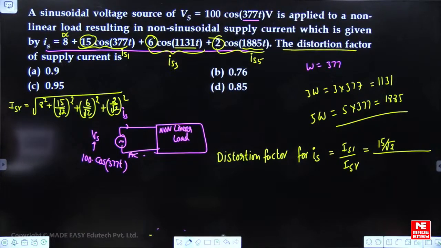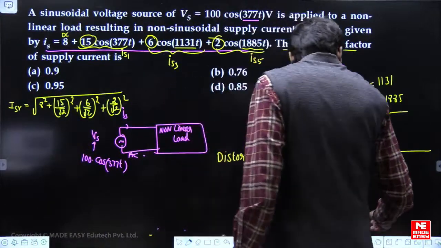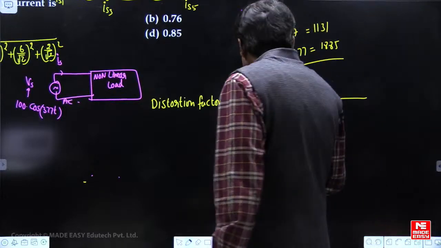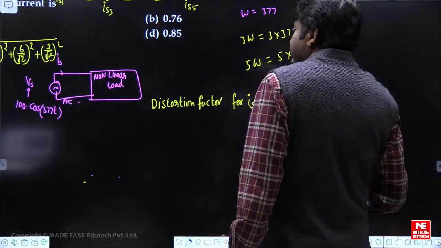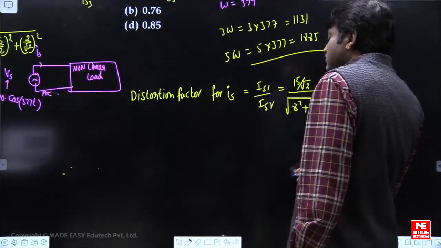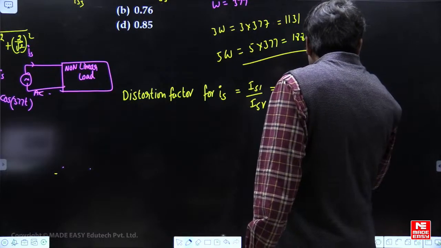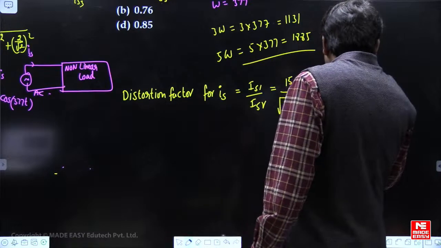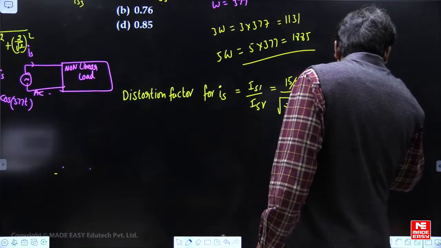Okay, fine. What is the answer? Substitute here: square root of 8 square plus 15 by root 2 whole square plus 6 by root 2 whole square plus 2 by root 2 whole square.